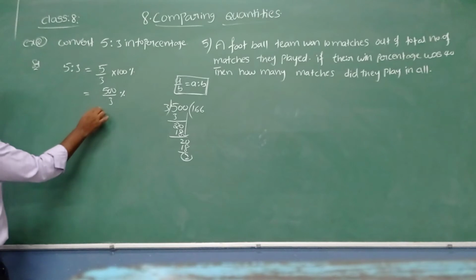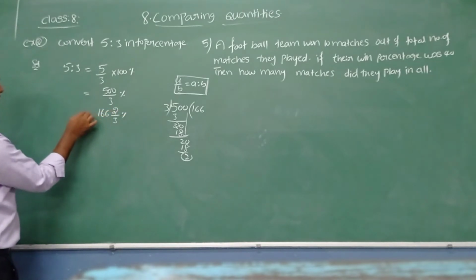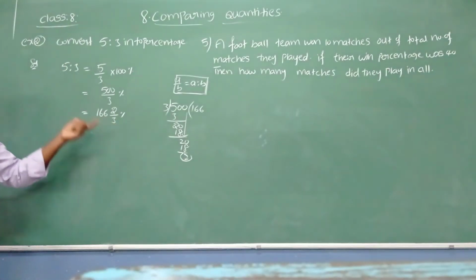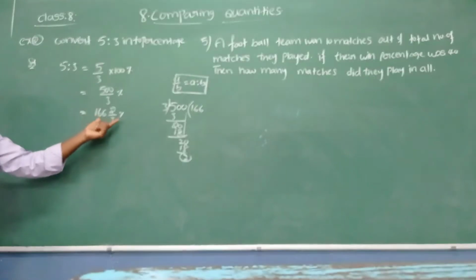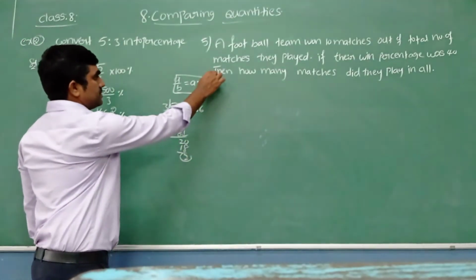So we write 166 2 by 3 percent. So that is the way we express a fraction as a percentage: multiply with 100 and put the percentage symbol.